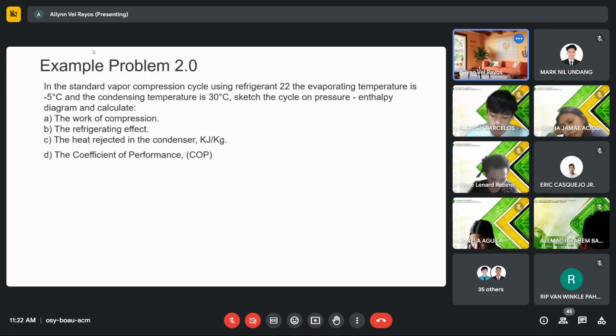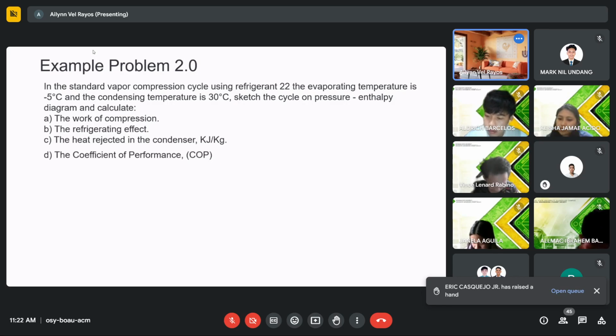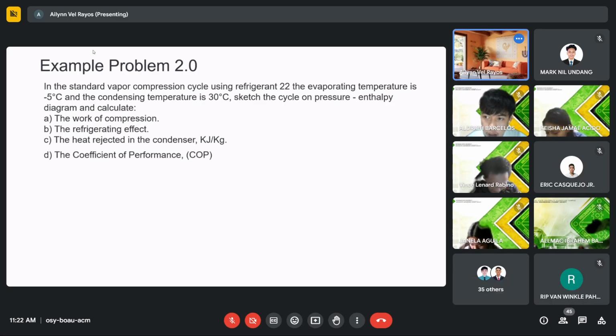May tanong ba? Question? Pwede kayo magtaas ng kamay kung may parating tanong. Ma'am, yung problem 2 po ba, is kahit saan po isusulat or sa short bond paper po? Kahit saan na muna. Iba yung sample. Ay, sige.